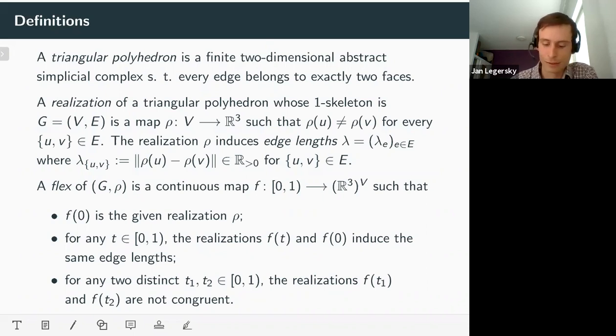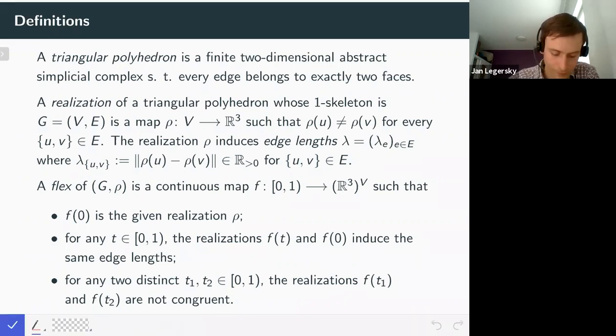I take the one skeleton of the polyhedron, namely the vertices and edges, and I realize the edges in the space, so that I require that adjacent vertices are mapped to different points. So it's a bit less strict and we require injectivity.